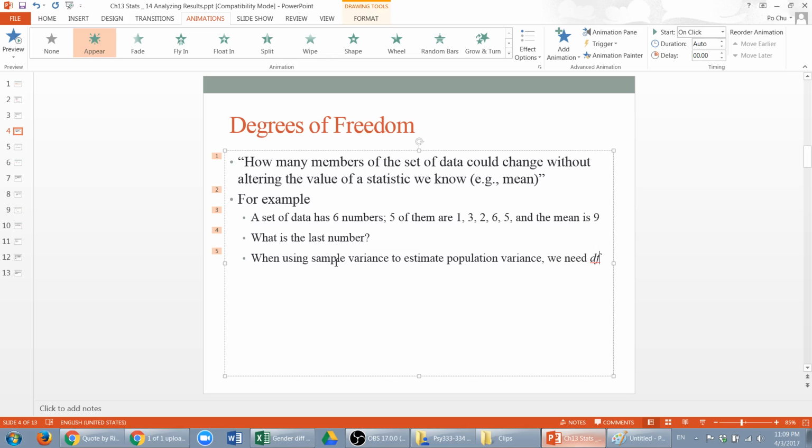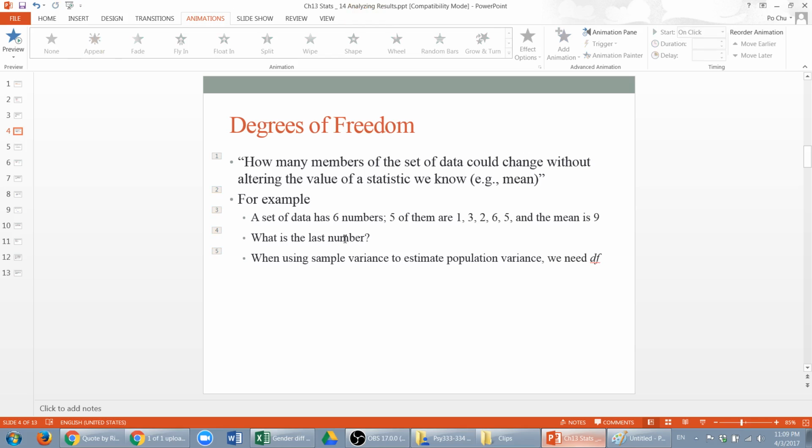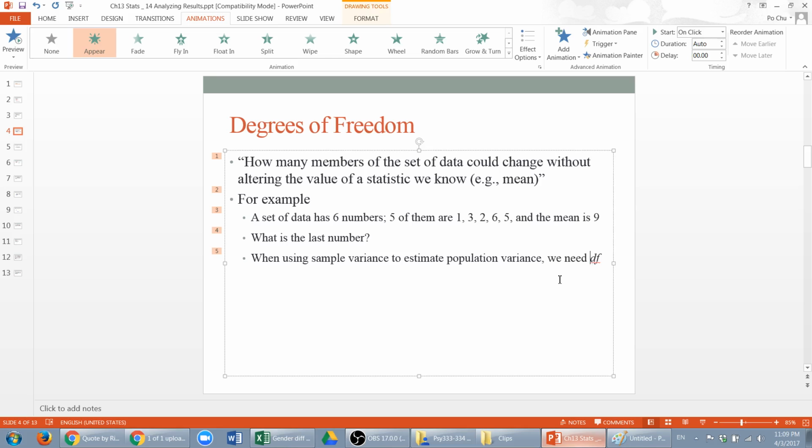In other words, if we want to estimate the population variance, we use our degrees of freedom. But at this point, you just need to remember what degrees of freedom is. Now, how do we use this to estimate population variance? We'll talk about it later.